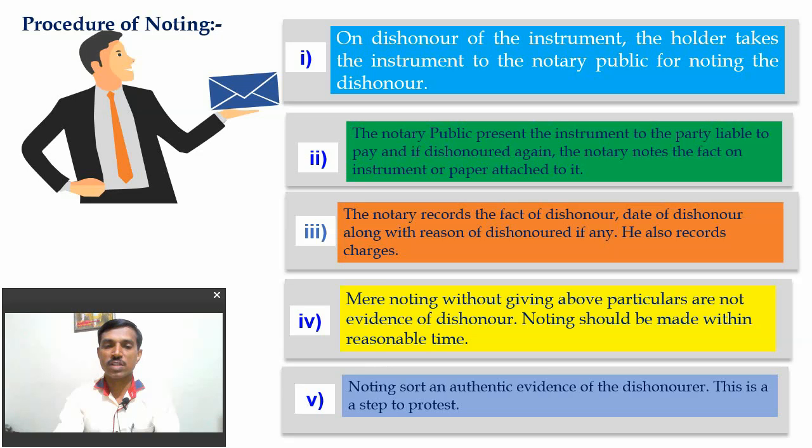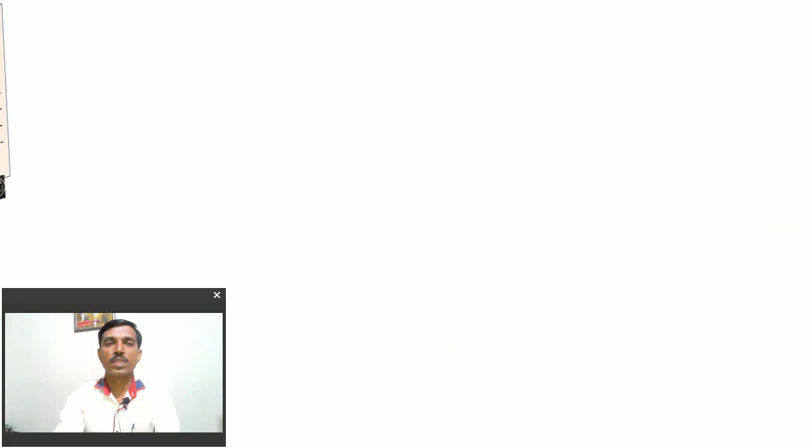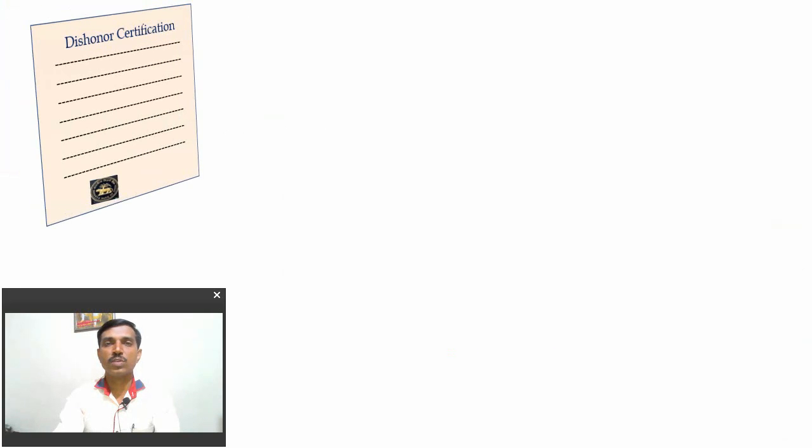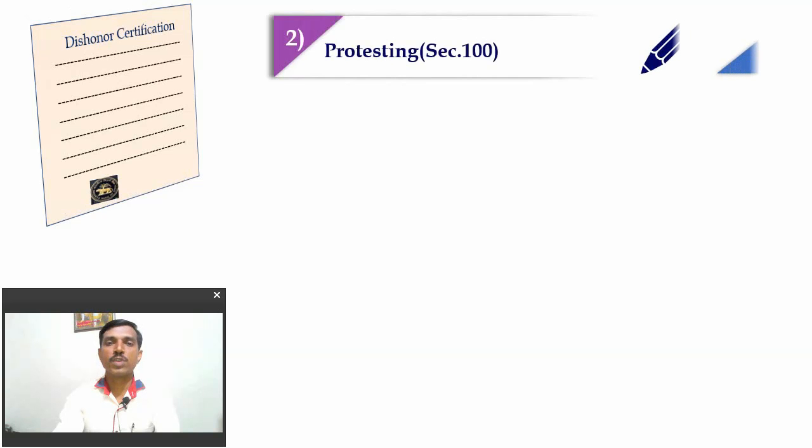This is a step toward the protest. So for creating evidence, we need to note the dishonor of negotiable instruments like a promissory note and bill of exchange. The next step is protesting.